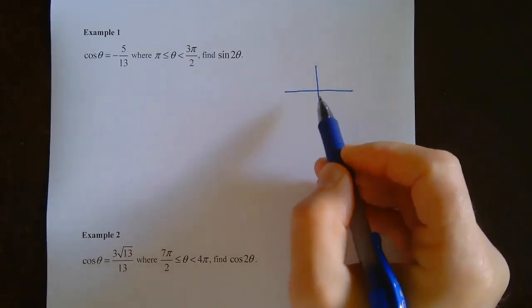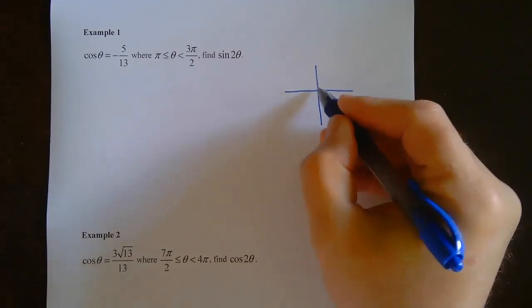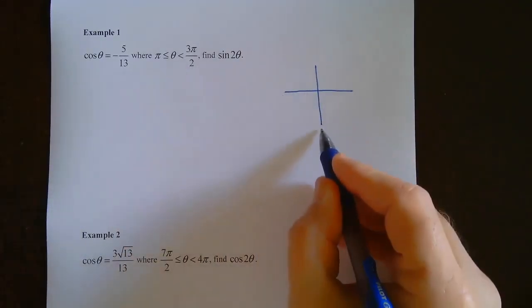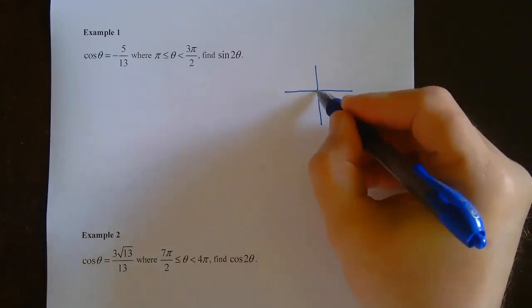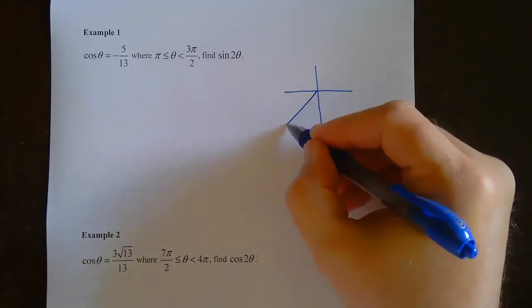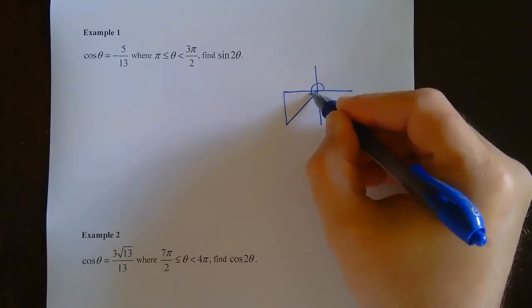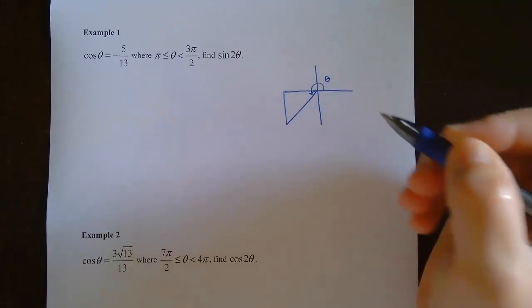This is pi and this is 3 pi over 2, and my angle theta has to be somewhere in between. So I know it's here. This angle that I rotated is my angle theta.